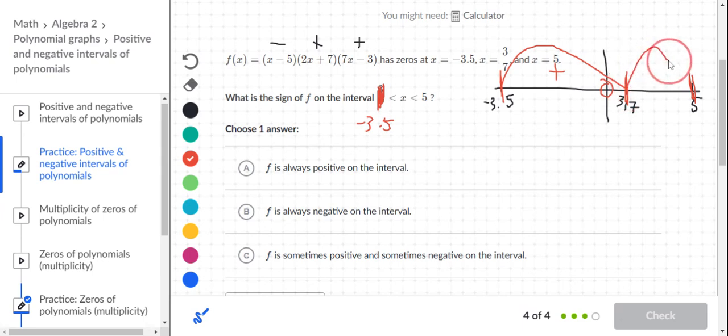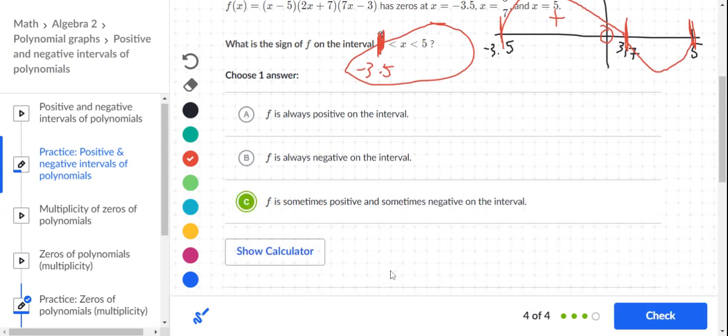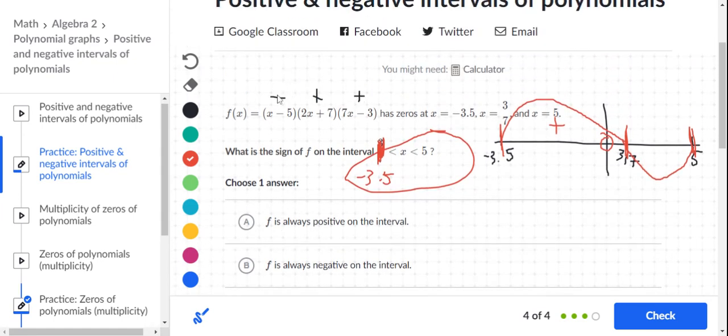It doesn't bounce like sometimes it might. If I changed the problem to this, I might have to check multiple intervals. The result of these does not matter. The only thing that matters is whether they're negative or positive.